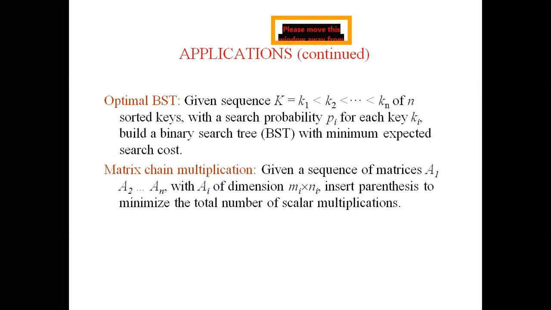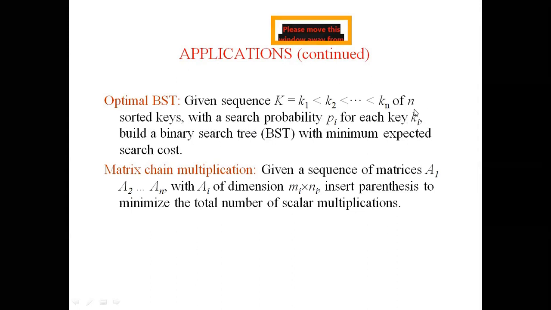So optimal BST. Given a sequence k equals k1 less than k2 less than, and so on, less than kn. kn is the highest value, k1 is the lowest value of n sorted keys. That means all the elements are sorted, n sorted keys with a search probability pi for each key ki.